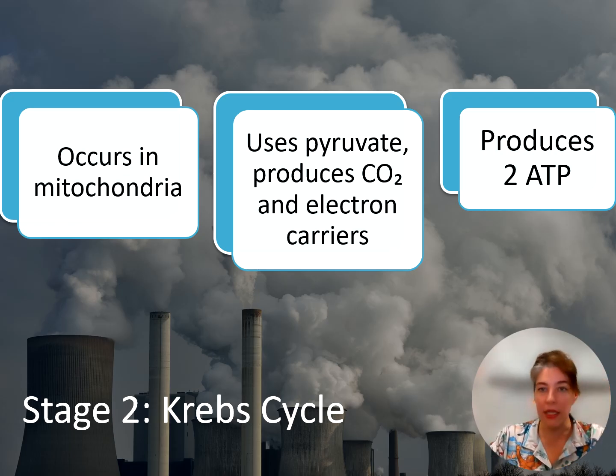It makes a little ATP, 2 total per glucose, and this matters because the ATP here is small change. The real prize is the NADH and the FADH2. These are the charged batteries that are going to power the electron transport chain, the ETC, in the next stage. And that next stage is where most of your cell's ATP is going to be produced.